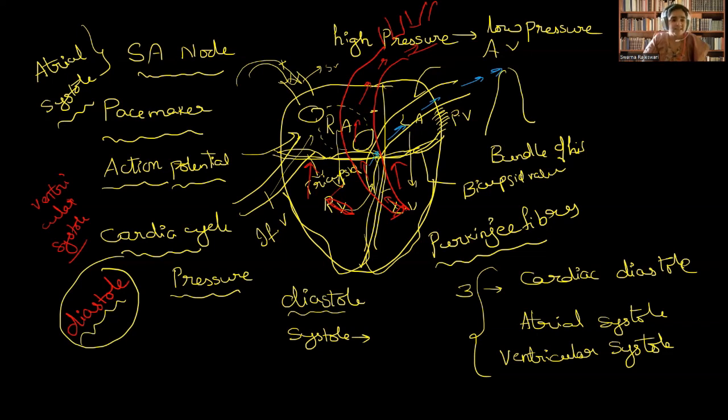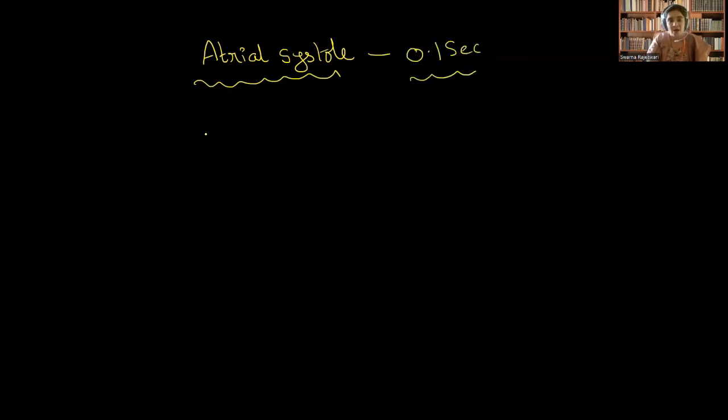So all these stages we will be discussing under 3 headings, as I told you. First one is atrial systole. This is about 0.1 second, where both the atria are in the contractile stage.